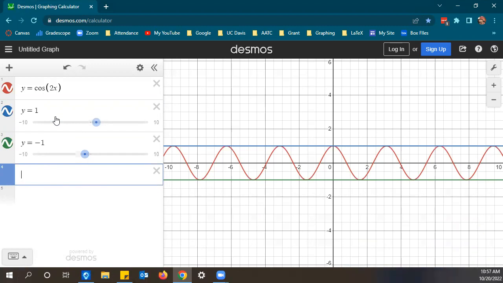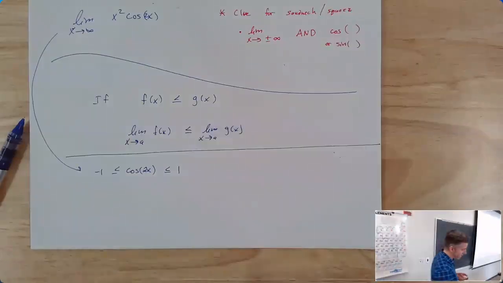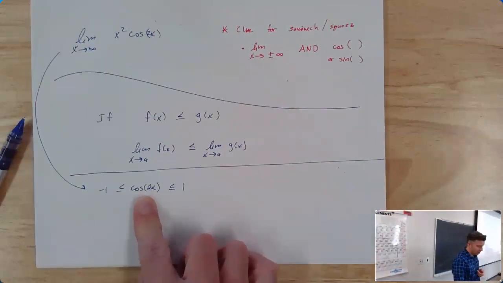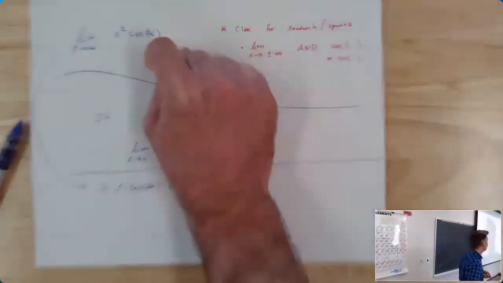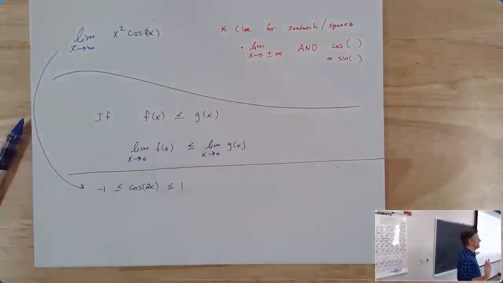And then what we're going to do is manipulate the thing that we have in the middle so that it looks like the thing we're trying to take the limit of. It's really just you get to say what you want to happen. So in this case, I want it to be x squared times cosine of 2x. So what am I going to do? I'm going to multiply by x squared to make it look like how I want it to look.